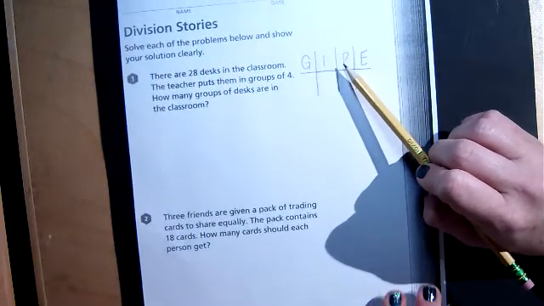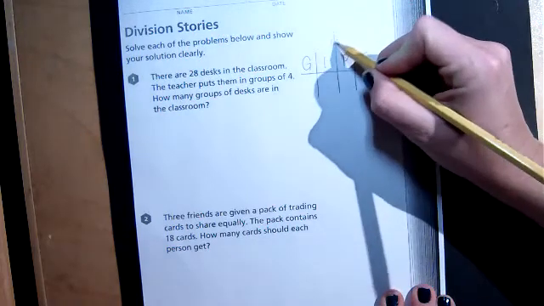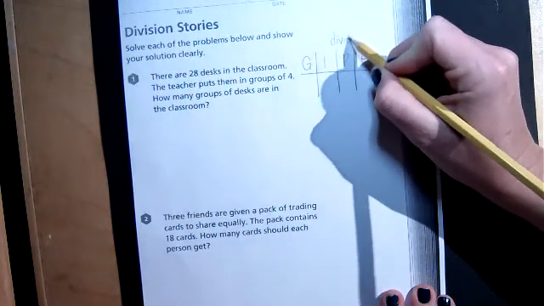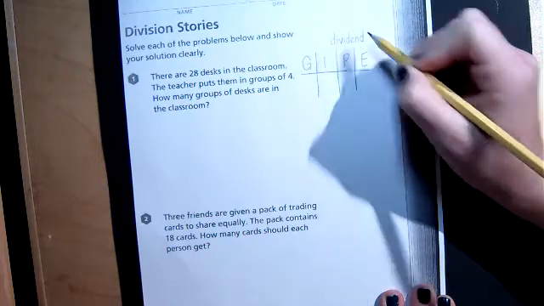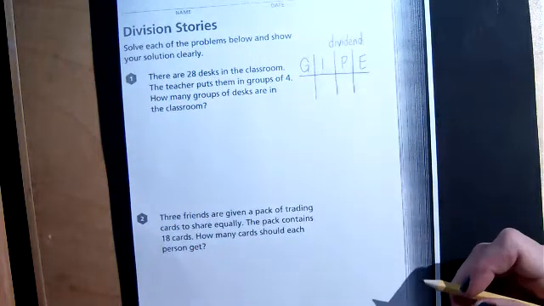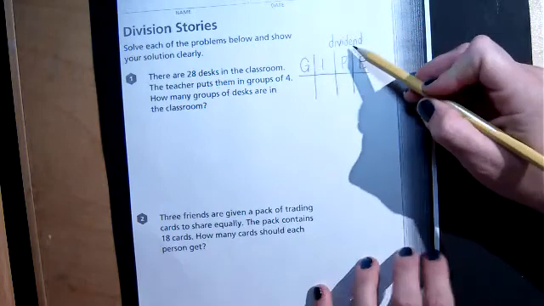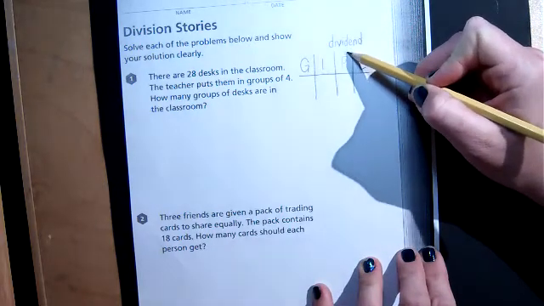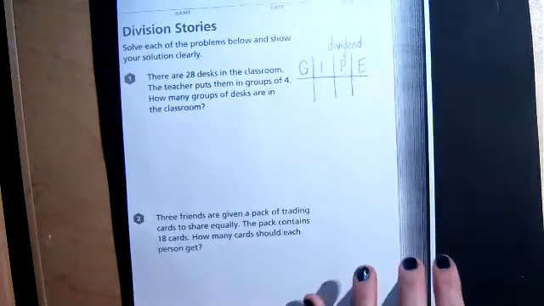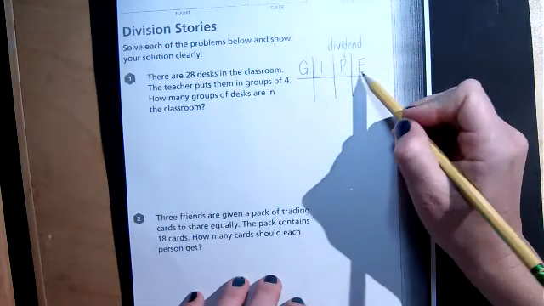Or there's another special word, and I'm going to write it right here. It's called dividend, because in division, you have a number that you're taking and dividing, and that's actually called the dividend. And then of course, E is still our equation.